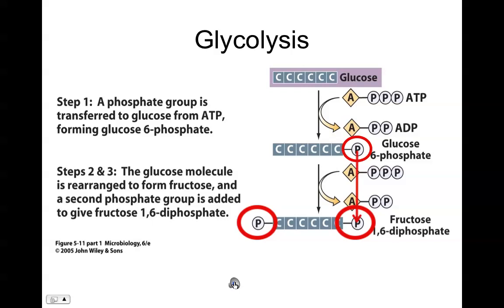We will start glycolysis by taking 1 molecule of glucose, adding a phosphate group from ATP to one end, and a second phosphate group from a second ATP molecule to the opposite end of the 6-carbon molecule of glucose. We need to attach those phosphate groups because it's very much like adding a red light or a sparkler to the molecule.